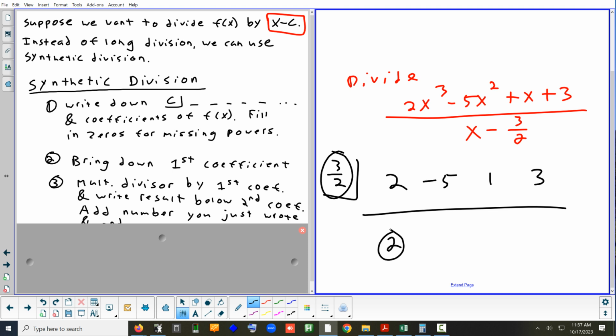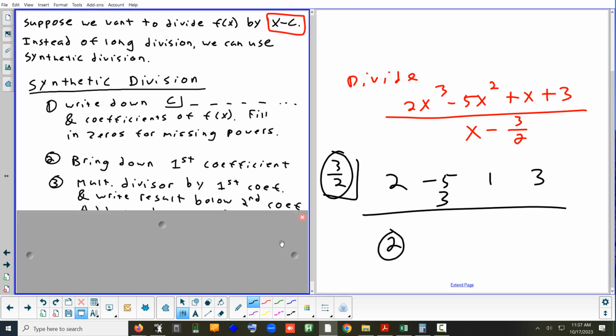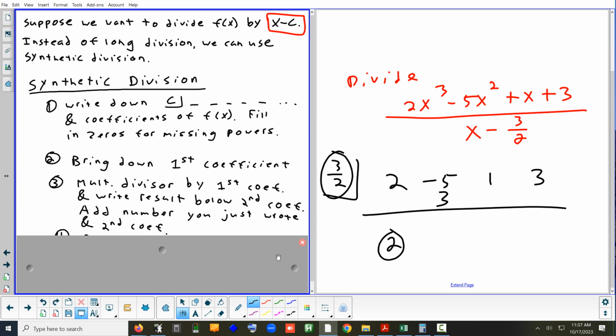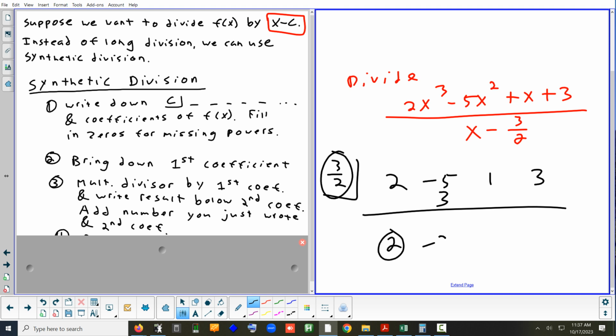And you're going to write that answer right there. So you multiply the number on the outside by the number you bring down and put the answer in the next column. And this is what's different from long division. Add. You don't subtract. Subtraction is with long division. What's -5 plus 3? -2.